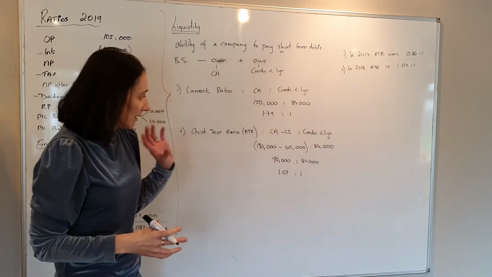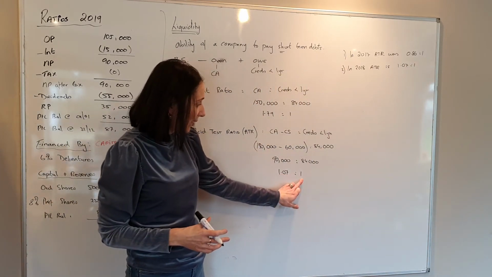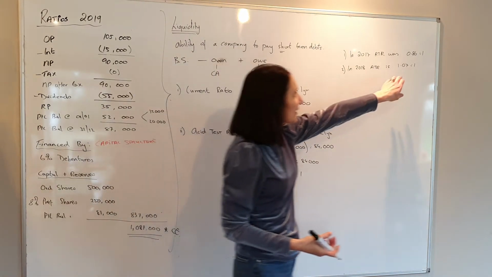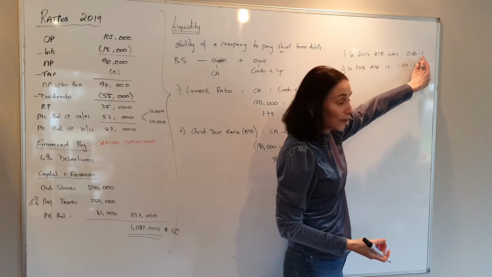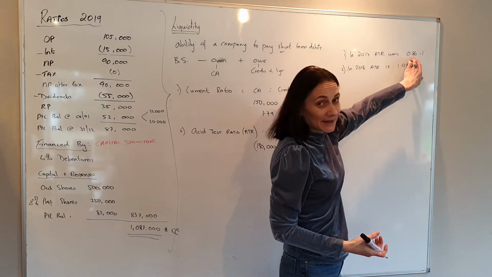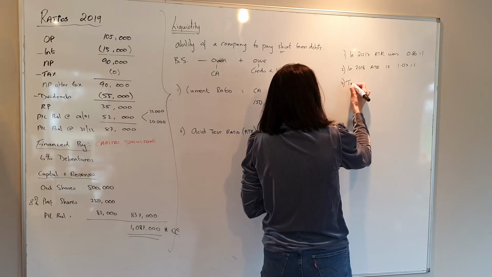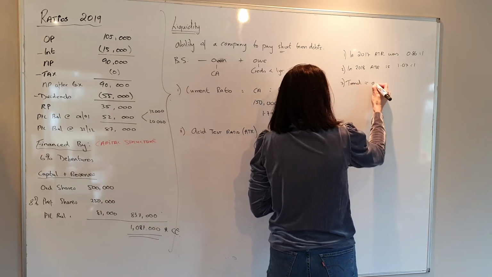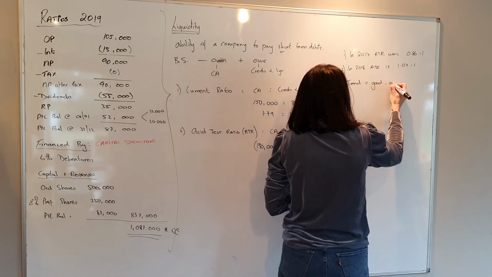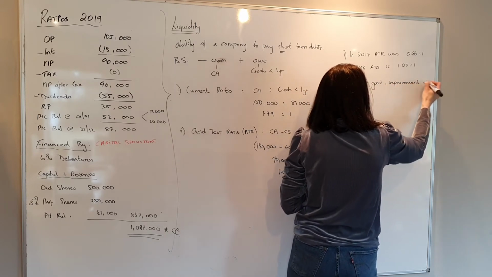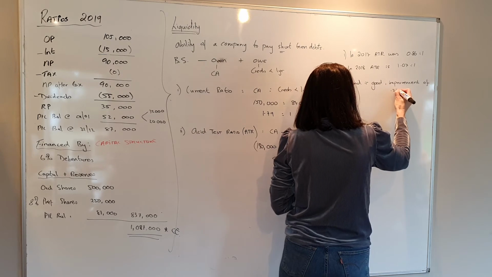This year, this is what I owe, and this is the money that I have to pay it, so I have enough to pay it. Last year, this is what I owed, €1, and I needed 6 cents to pay it. So there's definitely an improvement. So the trend is good. There's an improvement of 0.21 is to 1.